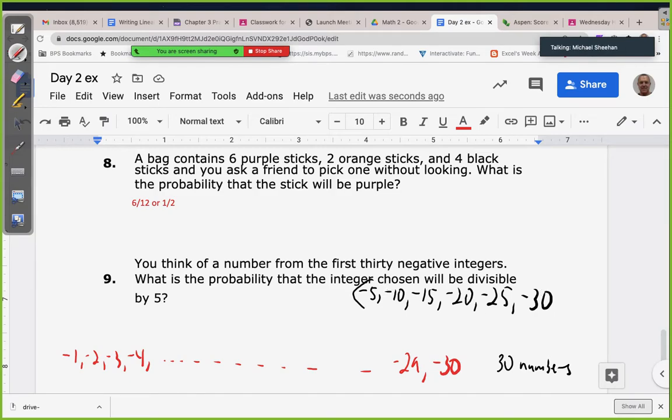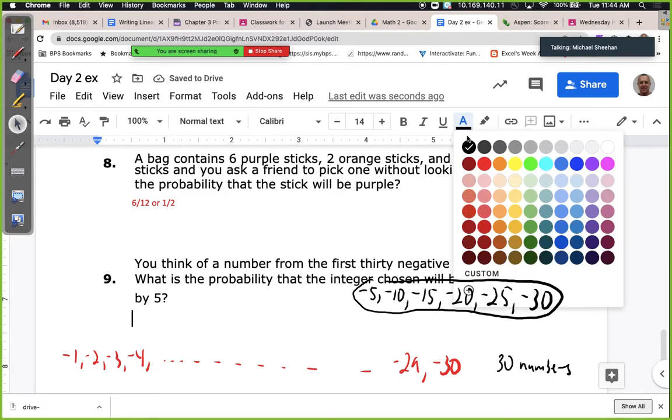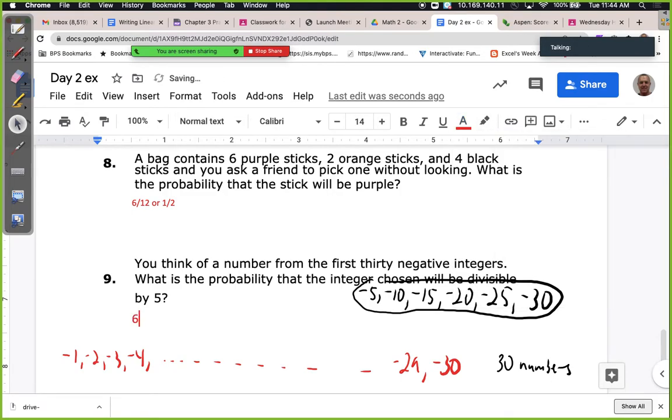All right, there's 6 numbers that I can divide by 5 without getting a decimal out of 30 numbers altogether. So my probability is going to be 6 out of 30. And if I divide the top number and the bottom number by 6, that's the same fraction as 1 out of 5. But again, you don't have to reduce today, but please do it if you see an opportunity to.